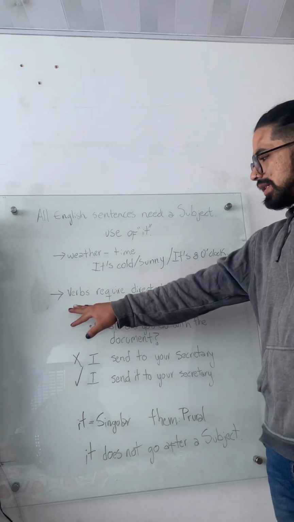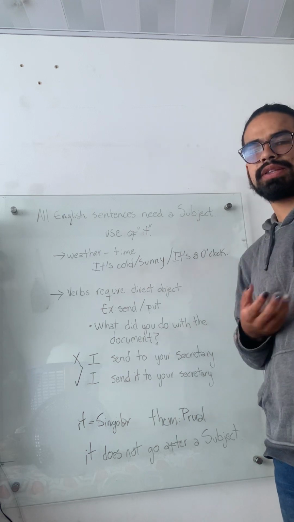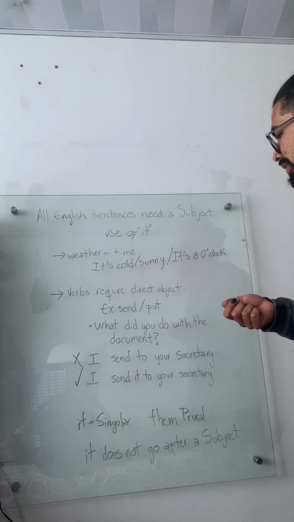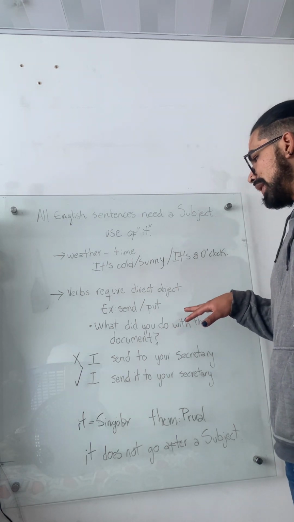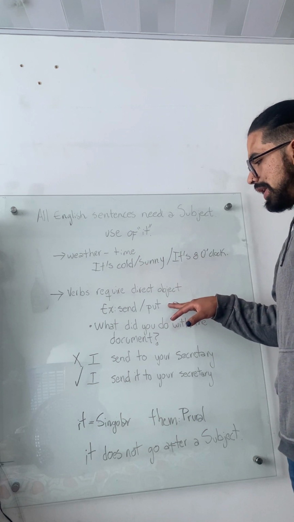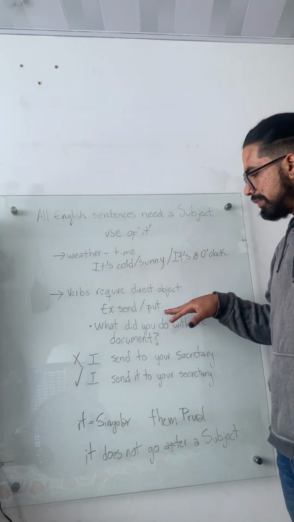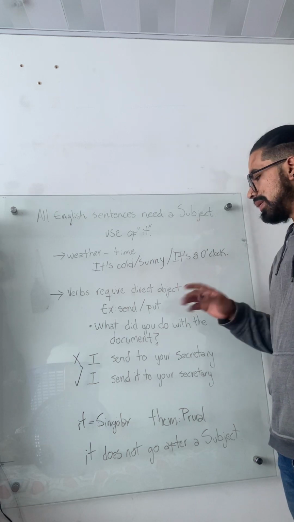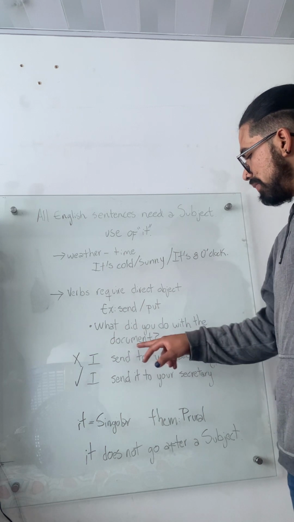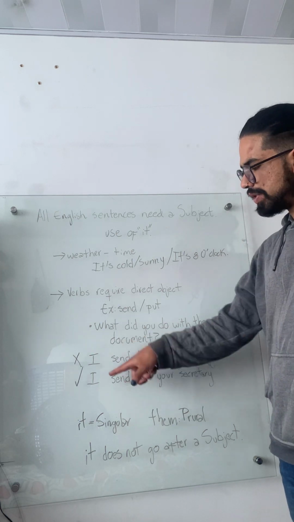Now, the next step: some verbs require a direct object. What does it mean? It means that when we are using these verbs, we can replace this object with the word that we are learning about today, "it." For example, we have the verbs "send" and "post." We have the question, "What did you do with the document?" We have two possible answers.